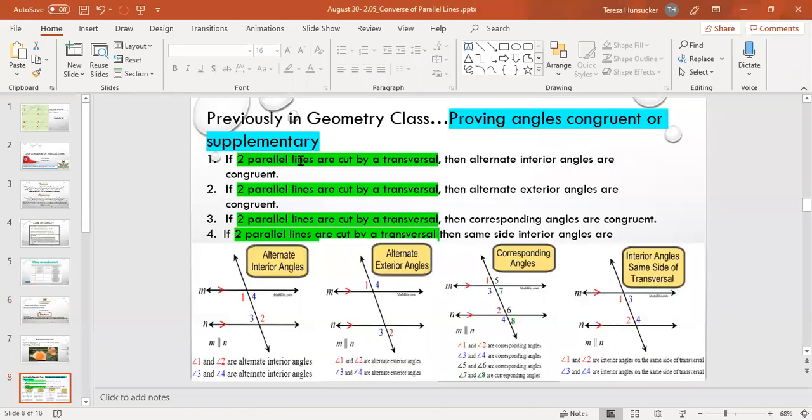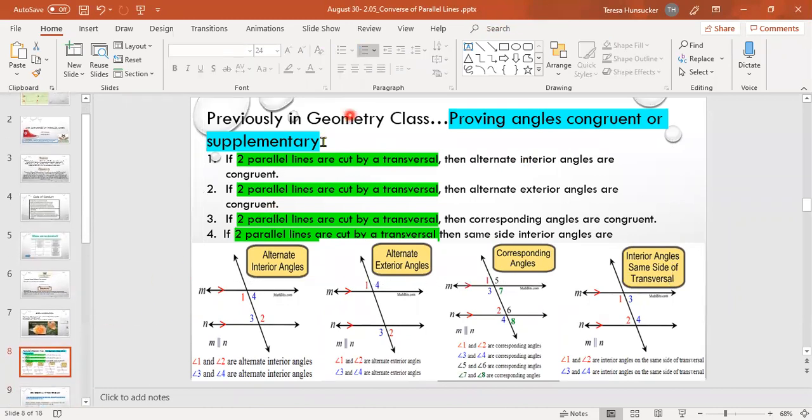Okay, so previously learned, here's what was met. You were given a set of parallel lines cut by a transversal. And what you needed to show or prove is that alternate interior angles are congruent. Now the converse is what we're learning today. It switches what follows the if with what follows the then.